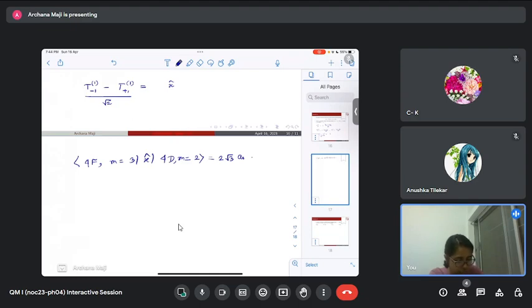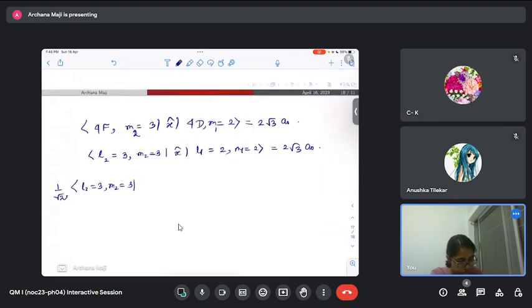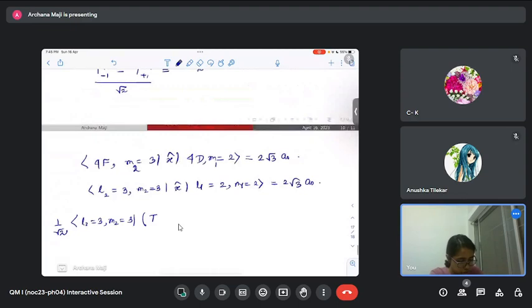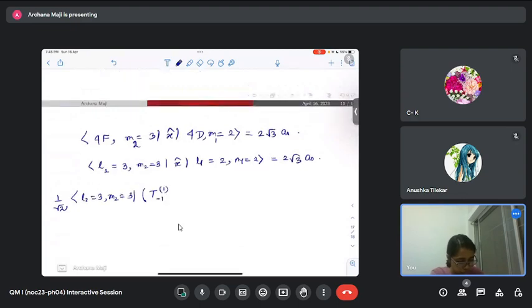So L2 equal to 3 for f orbital and L1 equal to 2 for d orbital. So x operator we can replace from here. So 1 over square root 2, t1 minus 1 minus t1 plus 1.